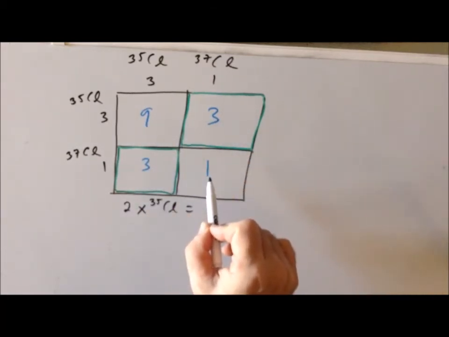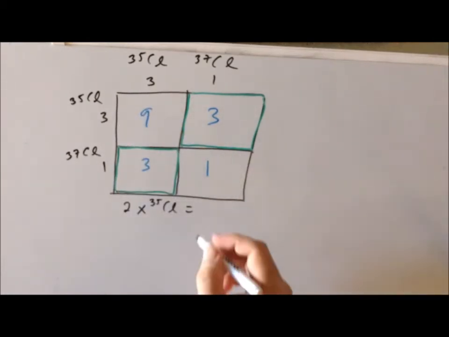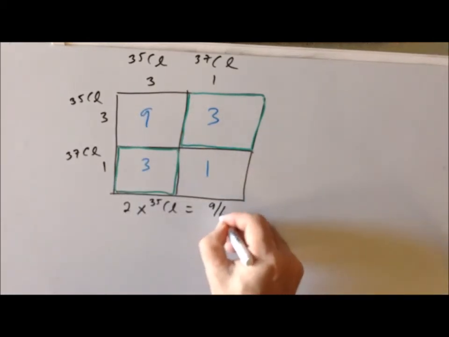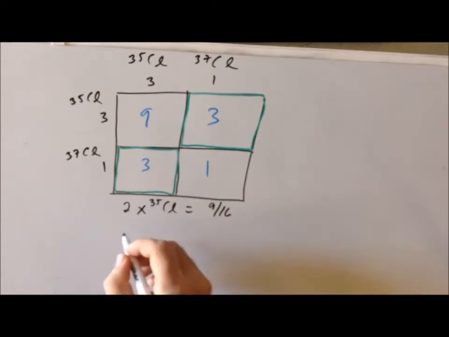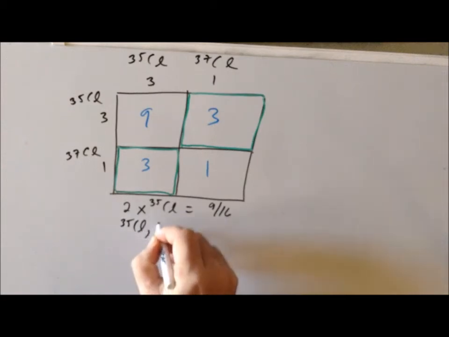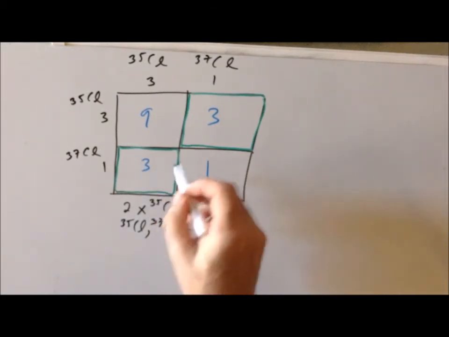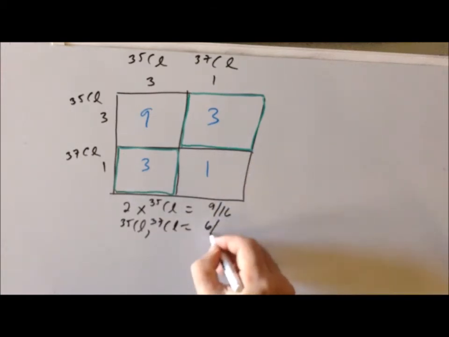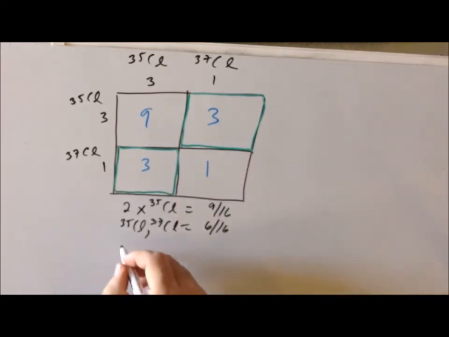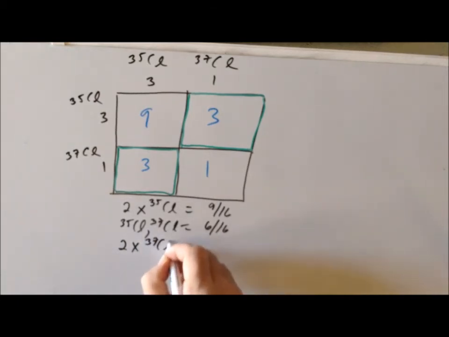So the probability of just 2 chlorine-35s is 9 out of 16. The probability of one of each is 3 plus 3, 6, so 6 out of 16. And the probability of 2 chlorine-37s is 1 out of 16.